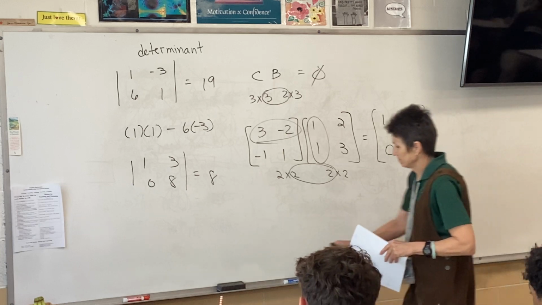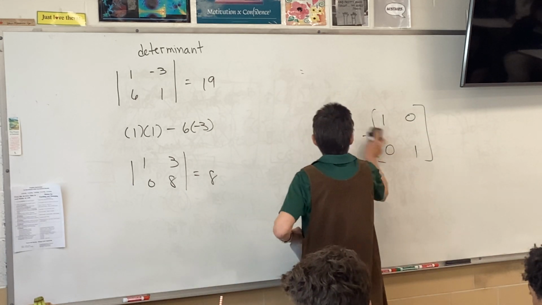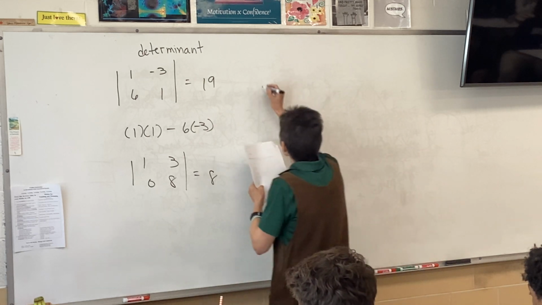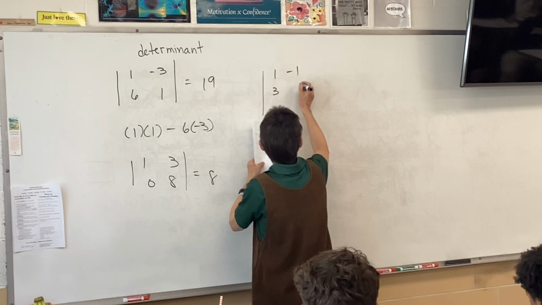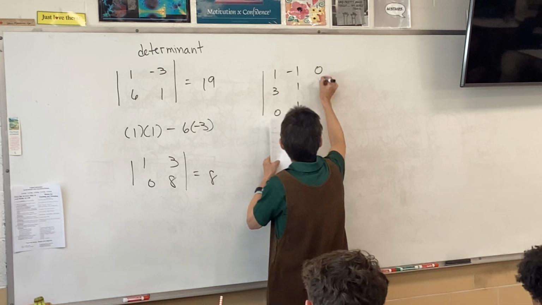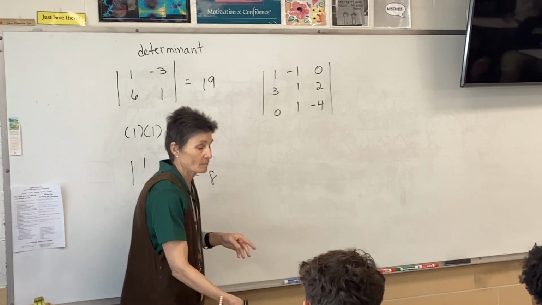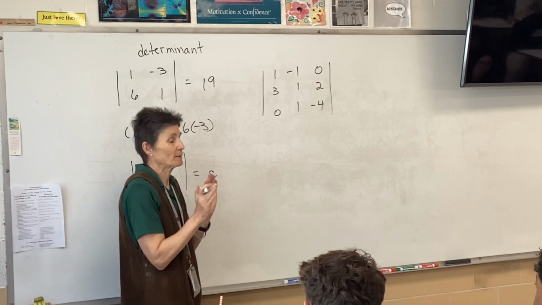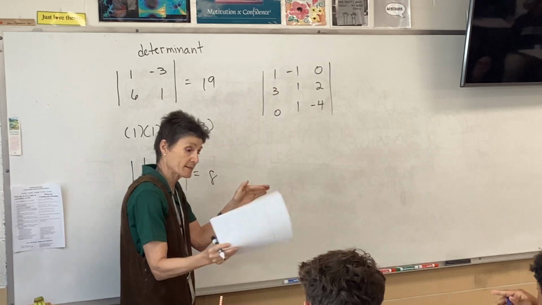Ooh, D. Now, there are different ways to do this. Most people find it easiest to do a 3 by 3. Most people, not everyone. So I'm going to show you the other method here on our next couple problems.